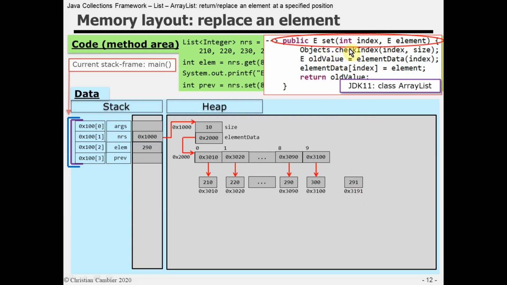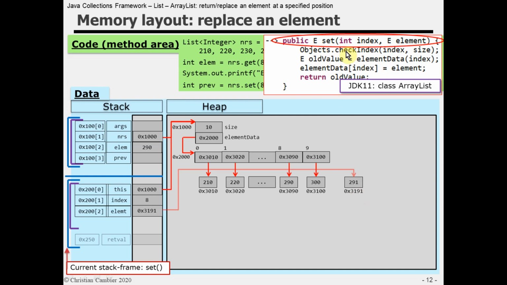Let's set up the stack frame. So we have the this pointer, we have index 8, and we have the new element, referring to 3191, a fictional address. The return value of the set method represents the current value of the element at position index, so 8, before it is replaced. The current element is an address.